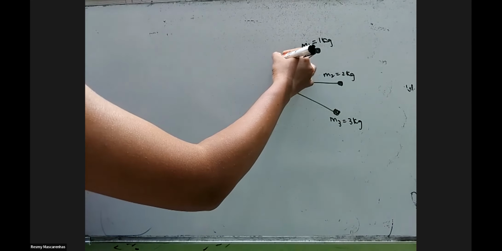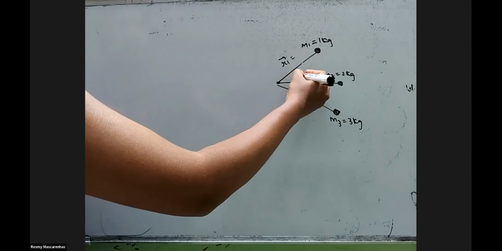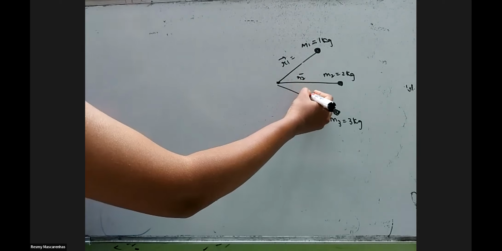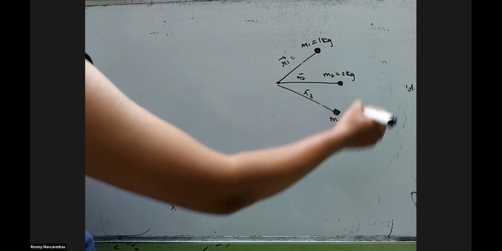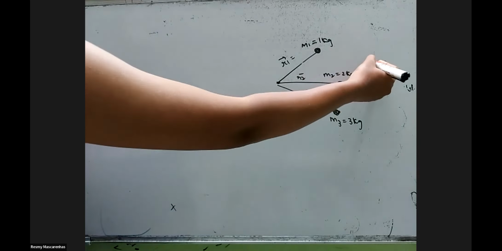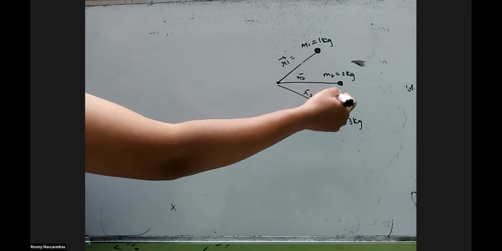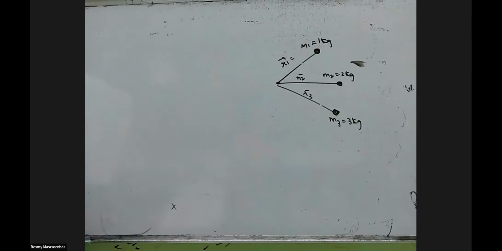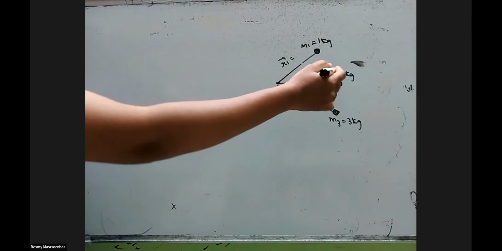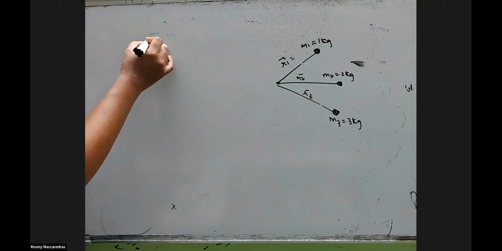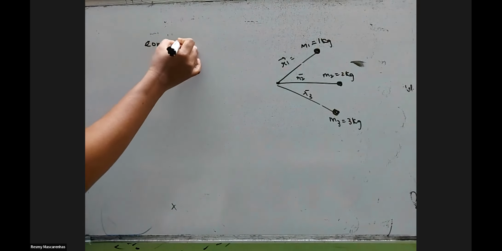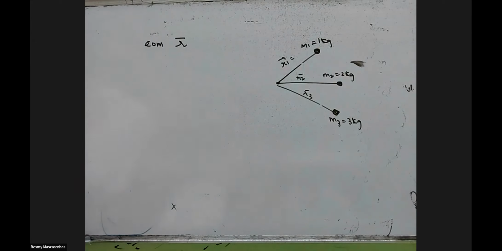R1 bar, R2 bar, R3 bar are given. Somewhere between them the center of mass is there. We don't know where exactly, so I'm not drawing that center of mass, it may look confusing. Somewhere in between these three will be lying the center of mass. The center of mass is R bar. We have to calculate.